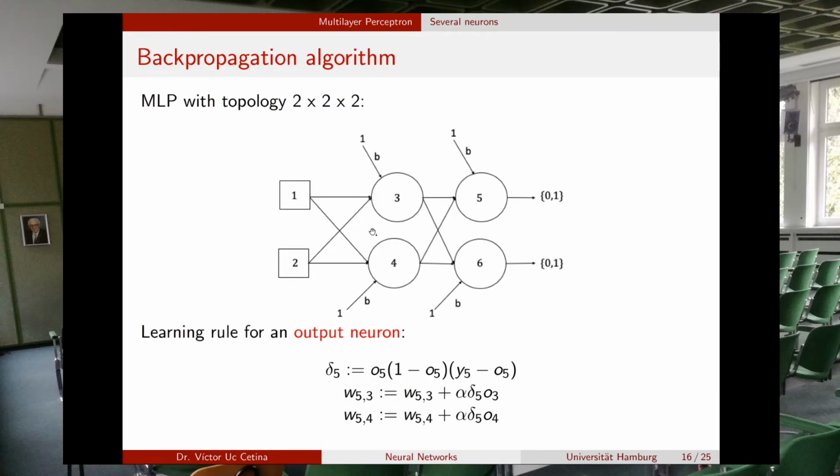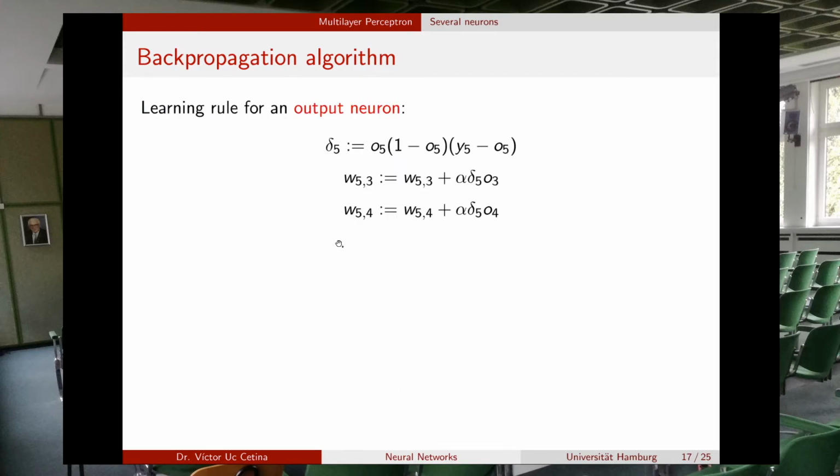But if we had one more layer over here, we would first need to update the weights of these two neurons, 3 and 4, before you can modify the weights of the neurons in the previous hidden layer. That's why you need to back propagate. You need to go from the last layer to the first one.